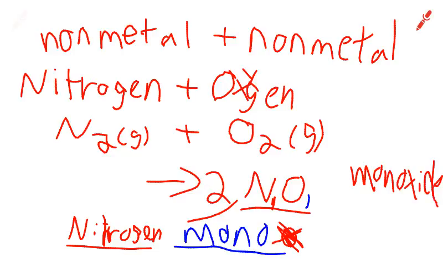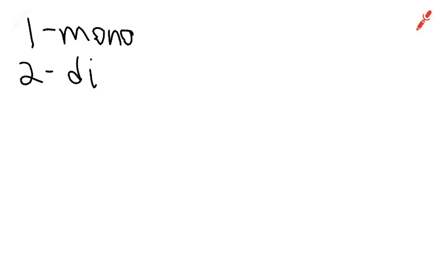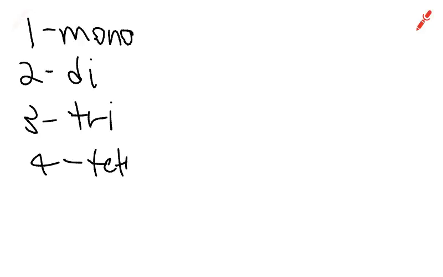The way this goes about is that we have a prefix for each molecule count going up to 10. So for 1, it's mono. For 2, it's di. For 3, it's tri. For 4, it's tetra. For 5, it's penta.